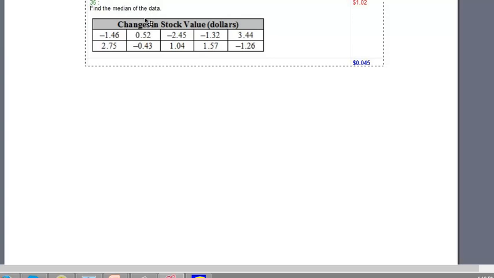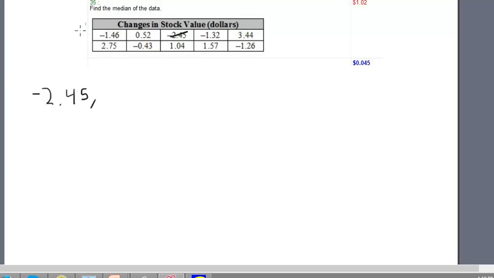Okay, find the median of the data. So we gotta put all these in order. That's our first step: put them in order and figure out what the middle thing is. So we gotta start with the smallest number, which is negative 2.45. And then negative 1.46. And negative 1.32. Then negative 1.26.